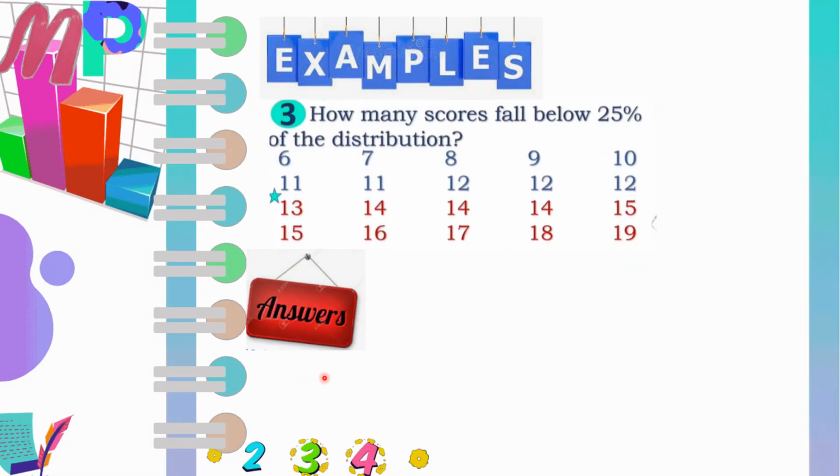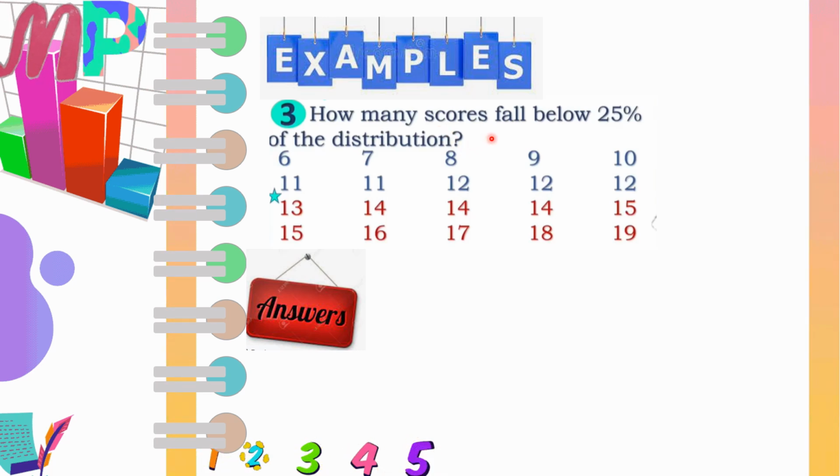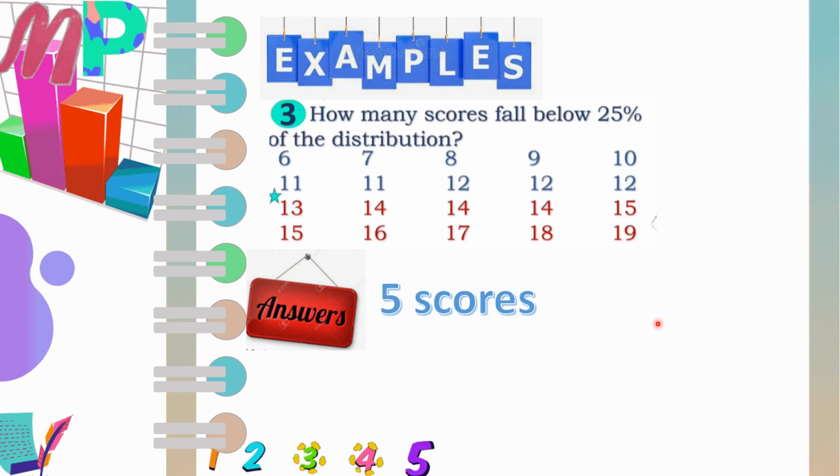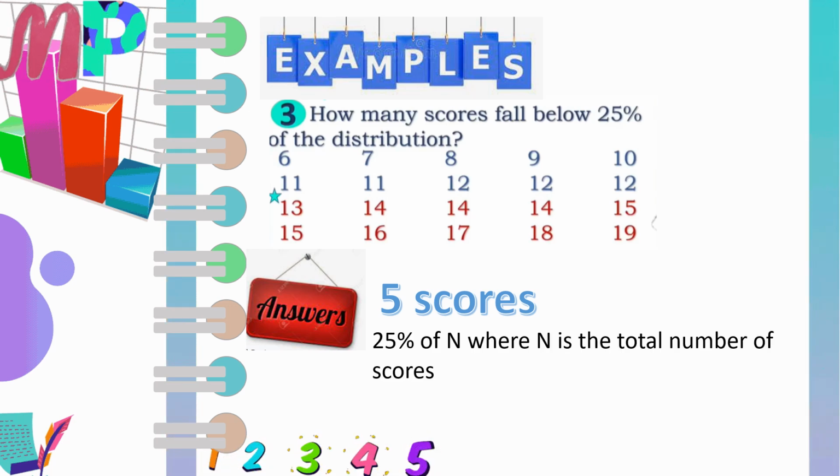For the third example, how many scores fall below 25% of the distribution? The answer is 5 scores. 25% of n, where n is the total number of scores.